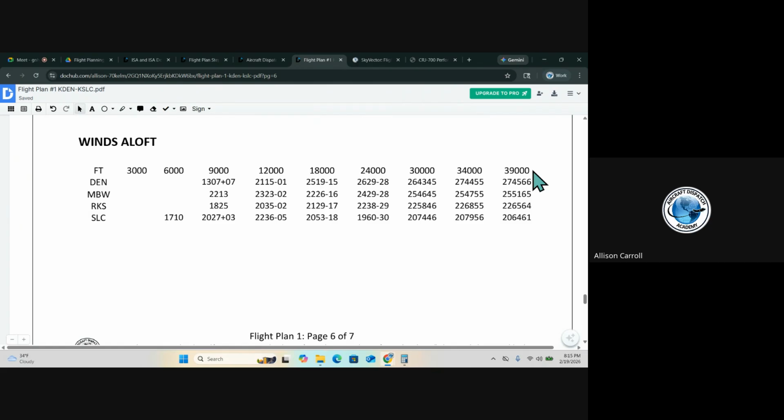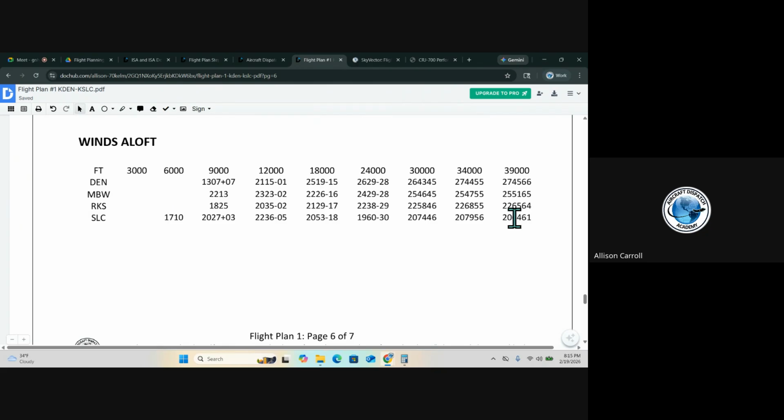And that's where Alison says, no, I don't have to. And we say, keep it easy, keep it simple. Just go to your closest flight level on your winds and temps aloft right here. So we're at 38,000. We're going to use this 39,000 column. That's going to be our most accurate winds and temps aloft.